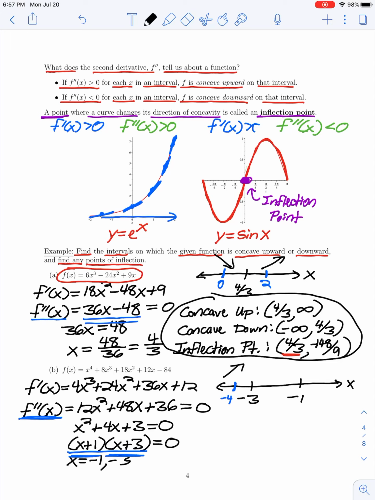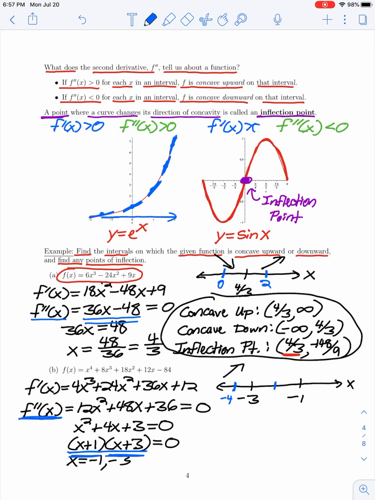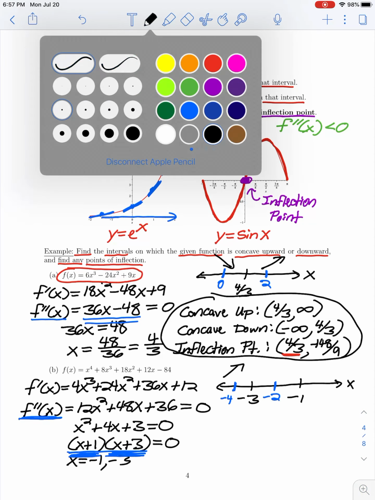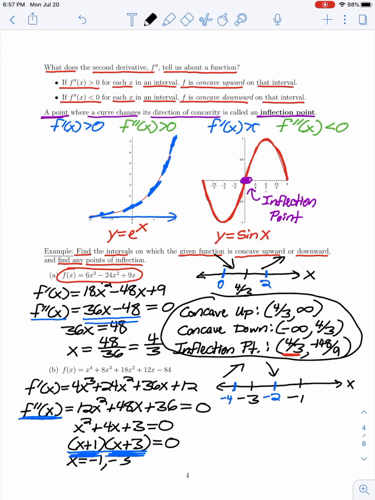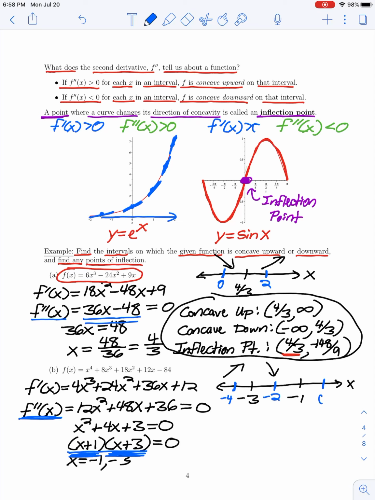Now between -3 and -1, a good choice might be -2, and substituting -2 into this second derivative expression, we would have a negative times a positive, which would give us a negative for the second derivative. And then to the right of -1, we could choose, say, x equals 0.